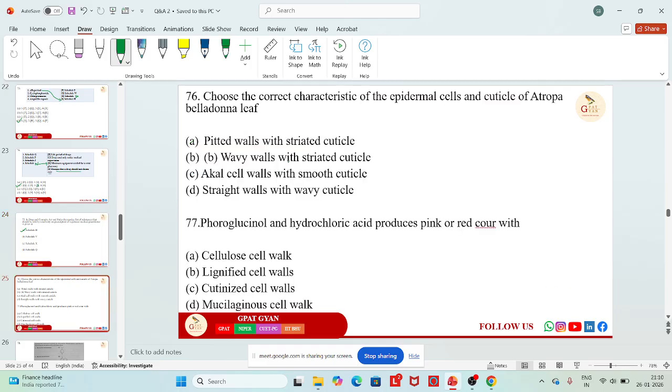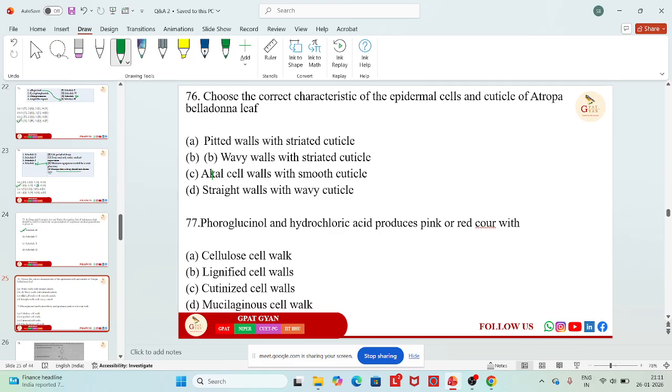Okay, from this one, 76th, we have our pharmacognosy. Correct characteristic of the epidermal cells and cuticle of Atropa belladonna leaf. It is the algal cell walls, okay?